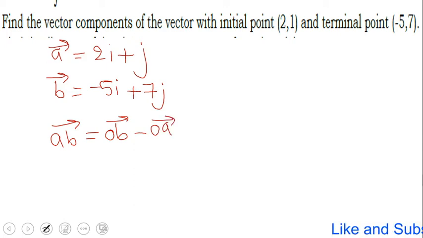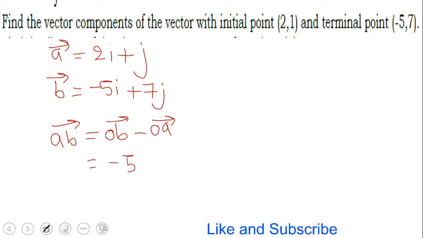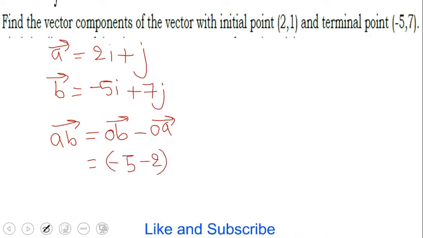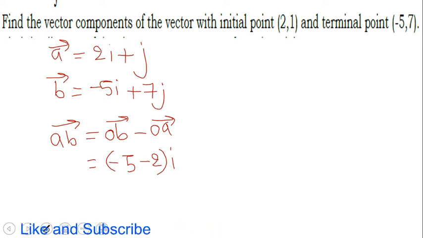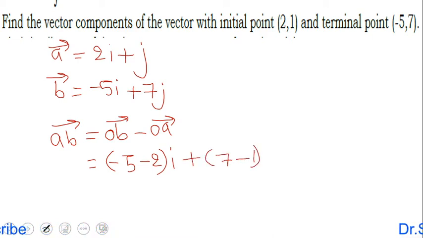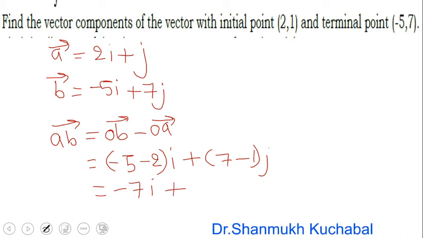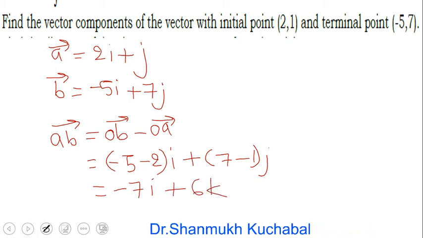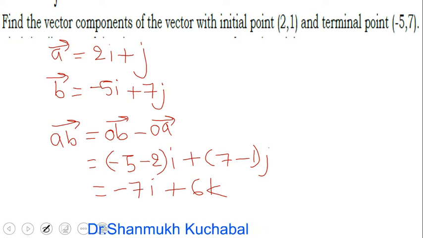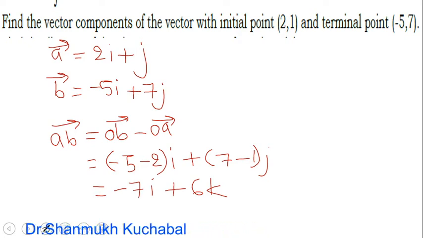So it is minus 5 minus 2 into i, and for the j coordinate we subtract: 7 minus 1 into j. So minus 7i plus 6j. This is vector AB. So the distance between the two points is denoted in this way.